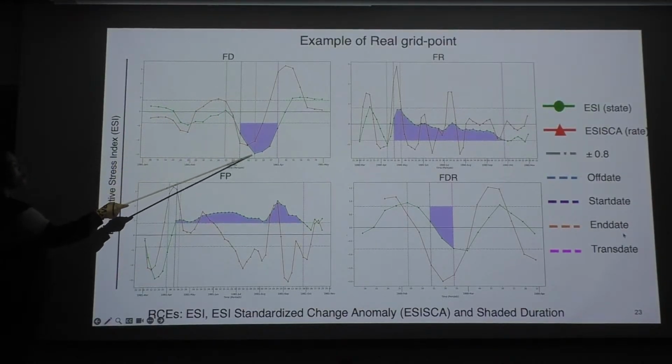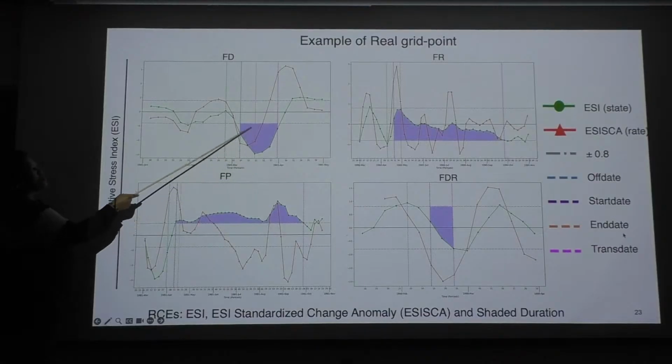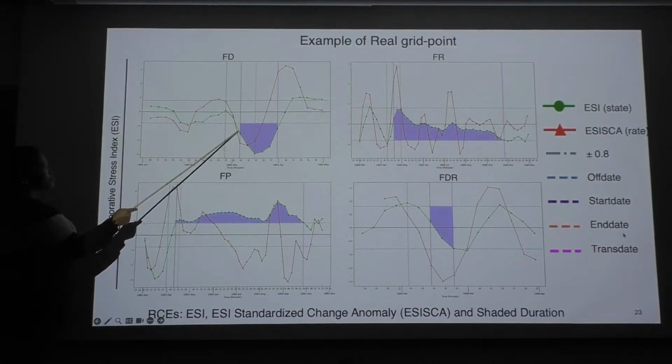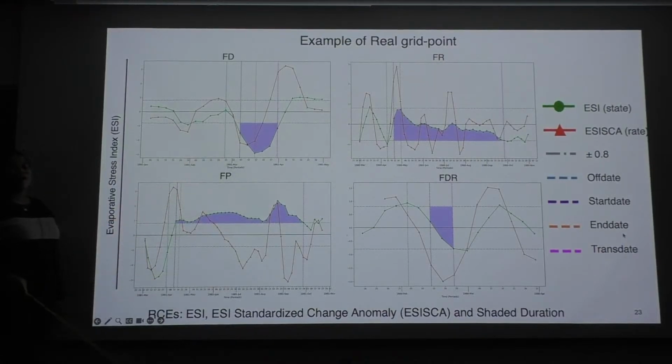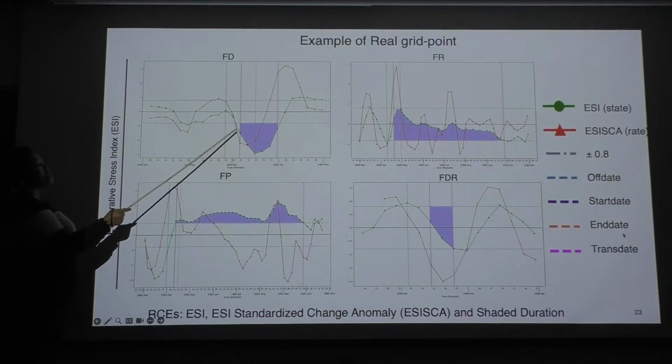Both the ESI standardized change anomaly and the ESI, which is the state line, are supposed to be below 0.8. And from this point of the ESI is where we get our rate of intensification, which is the rate at the start of the event. So we use the ESI standardized change anomaly to check the rate of each event at the start.